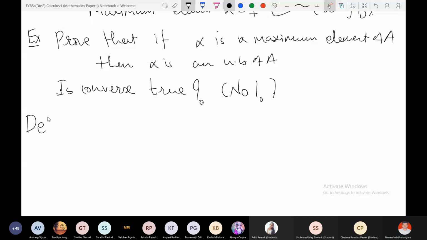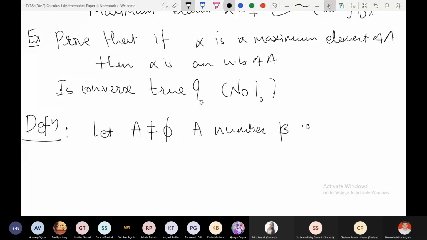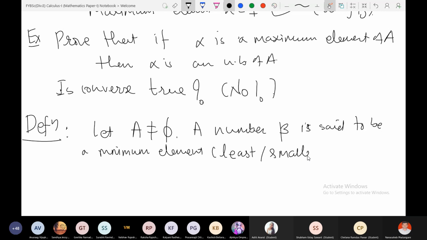Okay, so let A be a non-empty set. A number beta is said to be a minimum element, or least element, or smallest element of A if, what are the conditions?